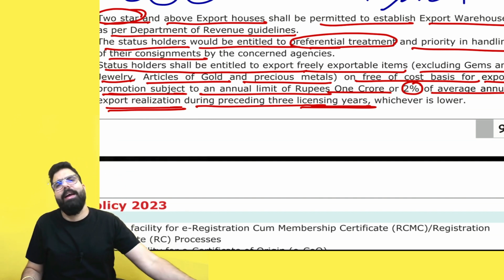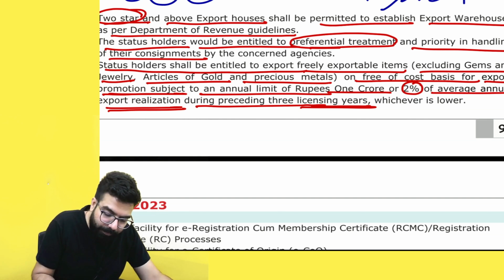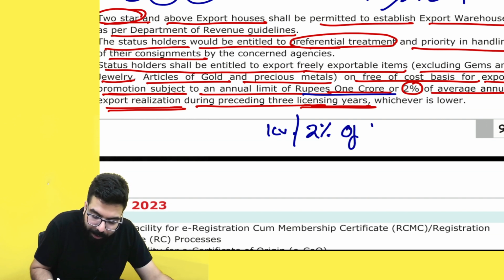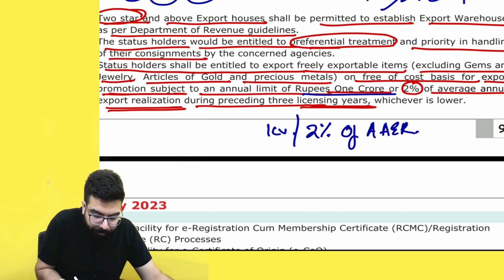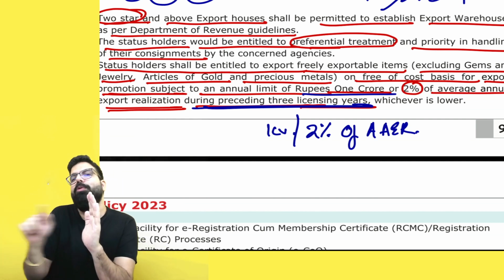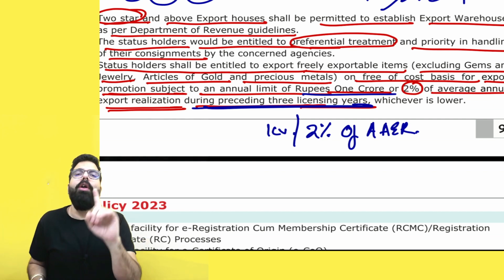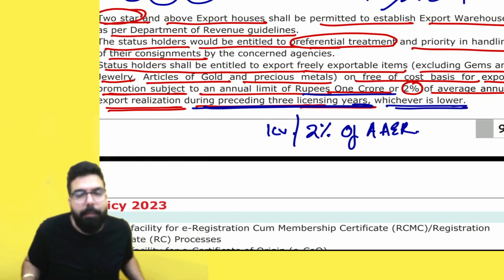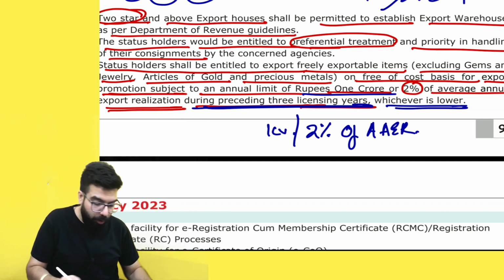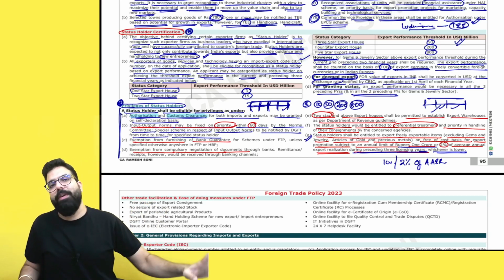Whatever you have realized in the preceding 3 license years, of that 2%, or 1 crore rupees, whichever is lower, that much you can go ahead and export freely. No tension at all. Samples, etc., if you want to export, you can go ahead and export. Baba, remember this for your exam purpose. Very, very important: what are the various privileges which are given to the status holder?